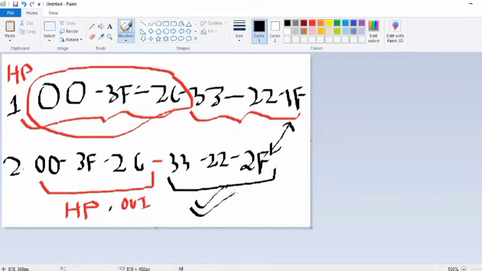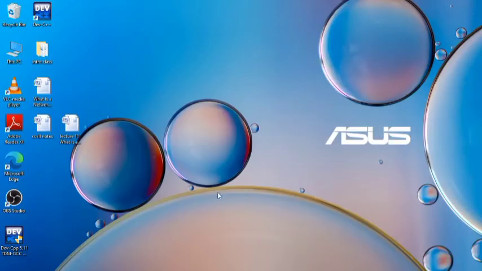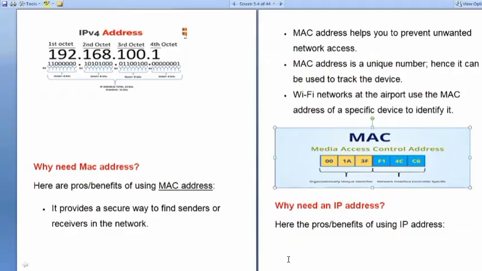So from here we come to know that this is a different MAC address and this is a different MAC address. Both are different, but how can we know which company it belongs to? By looking at this part, what you're seeing right here on your screens. This part indicates the company or the organization from which the device has been taken. I hope this part is clear.